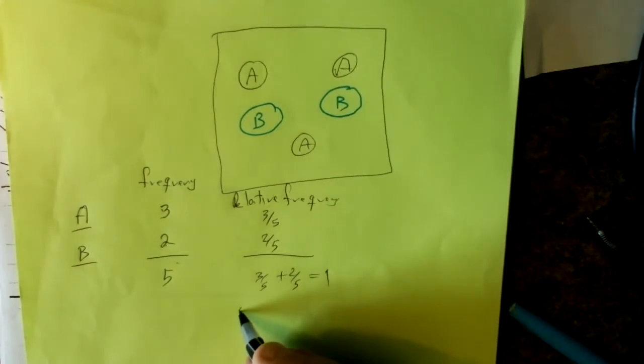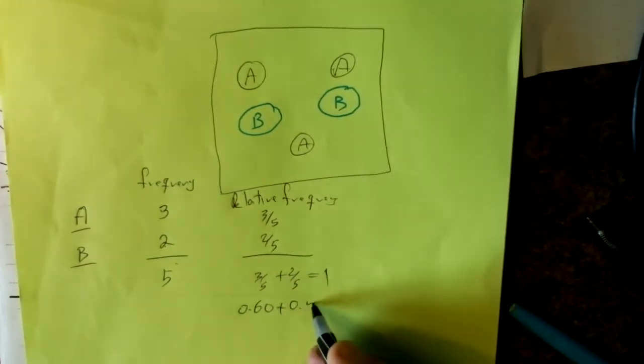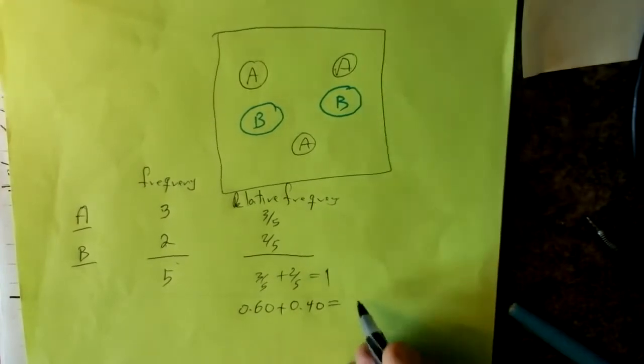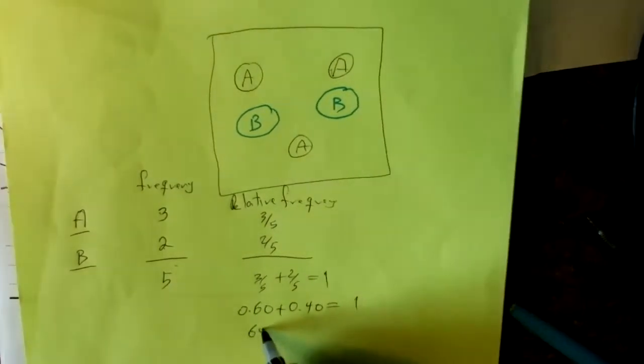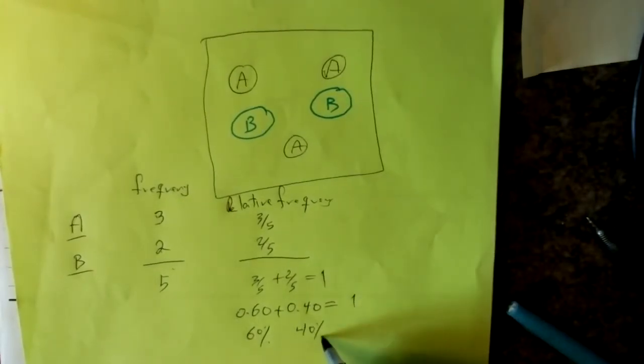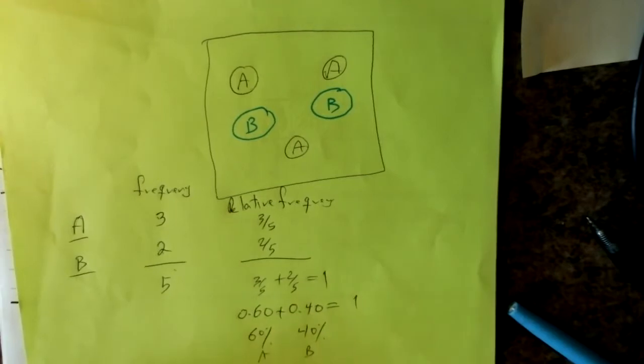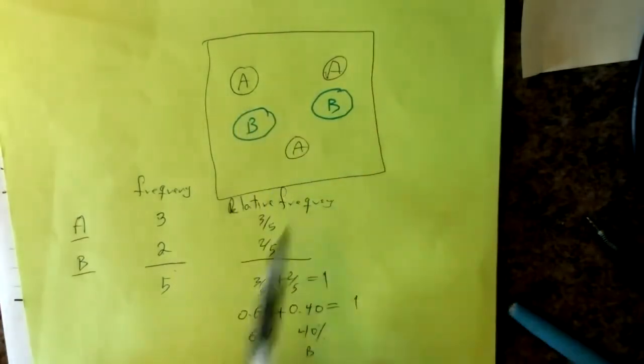Okay, because look, they have 0.60 and 0.40, or 60% of the 5 letters are A and 40% are letter B. Okay, so this is what the frequency table is. How many of each item do you have or present here? All right.